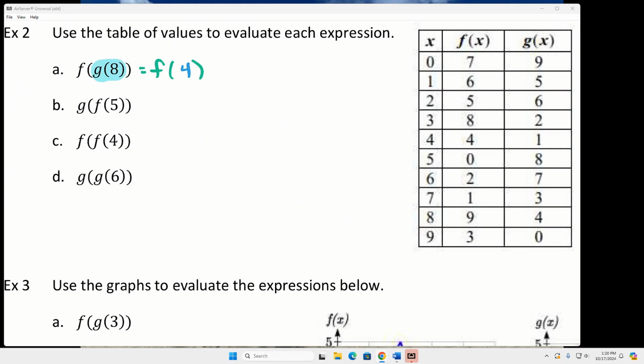Then we'll go, now we need to find f of 4. So we'll go to where x is 4. What's f of 4? Also 4. Okay. So you guys try B on your own.